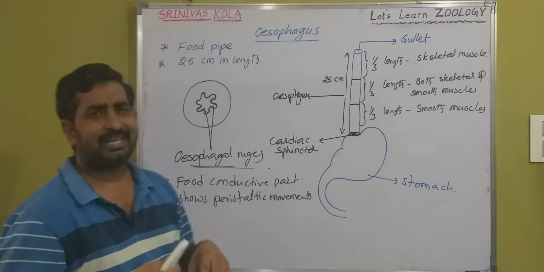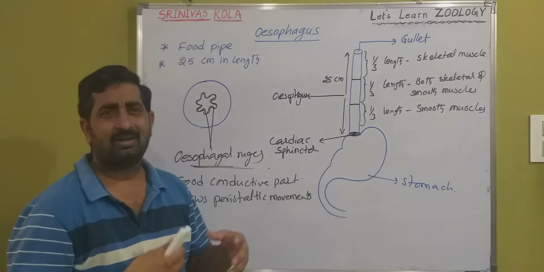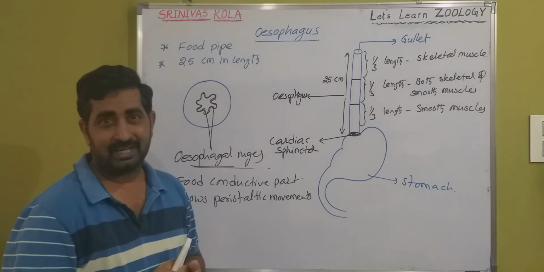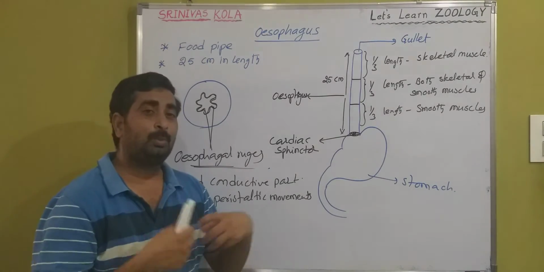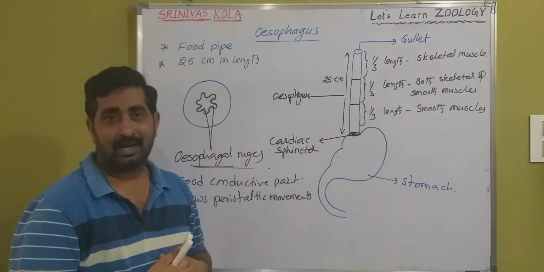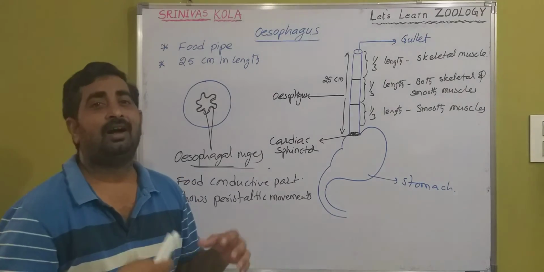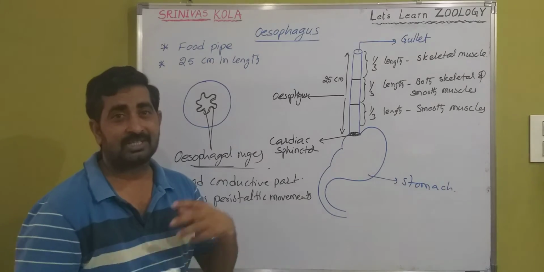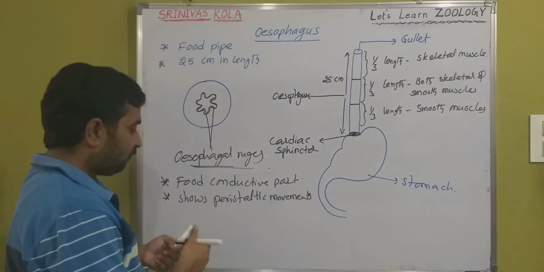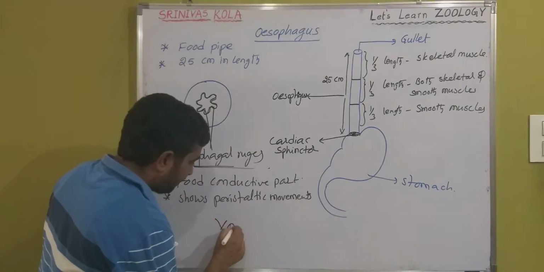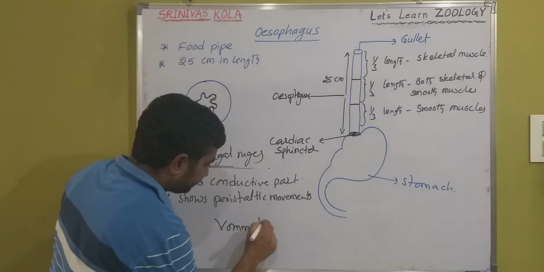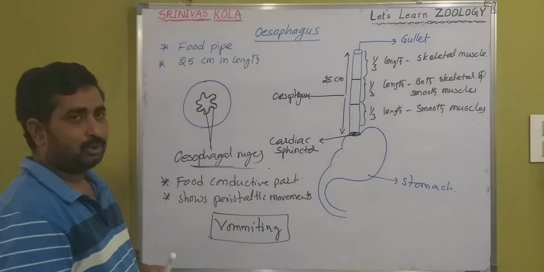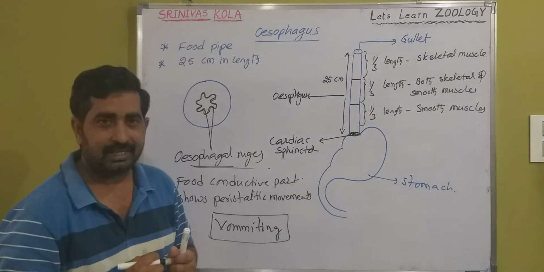Because when you take junk food, lipid-rich food, an over intake of food, or in food poisoning conditions, the alimentary canal automatically performs reverse peristaltic movement, which causes vomiting.